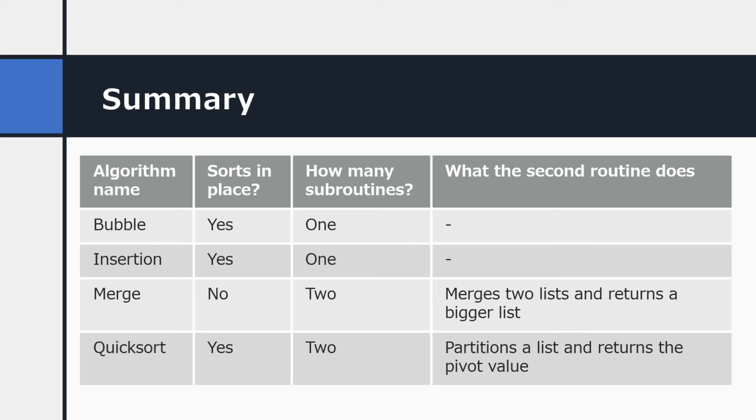The second subroutine merges two lists to create a bigger list. Quicksort sorts in place, so it doesn't use extra memory. It has two subroutines, and the second one partitions the list and returns the pivot value, which is then excluded from any future sorts.